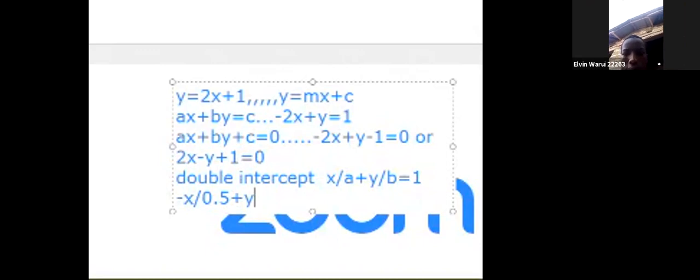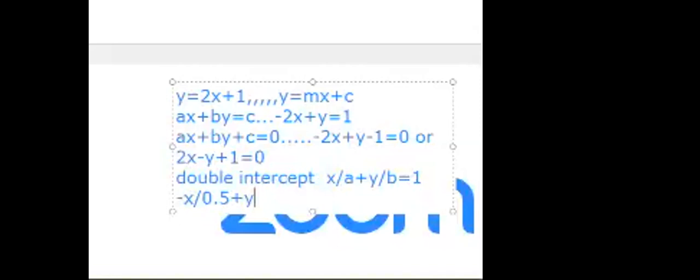Yes, negative x over 0.5. Remember, 0.5 is a half. When you divide by a half, the 2 becomes a numerator. So it's the same as minus x over 0.5 plus y is equal to 1.